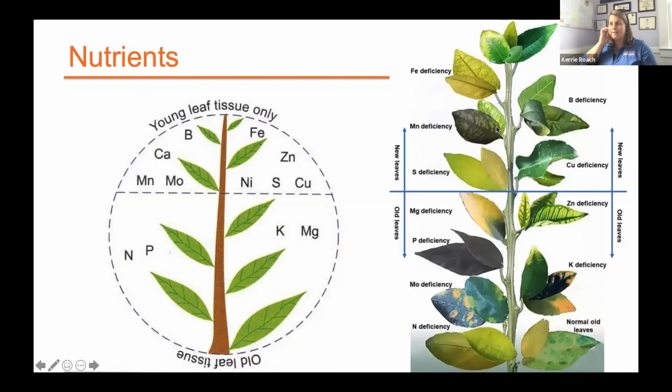Manganese tends to have that kind of dark coloring. Phosphorus will be a dark, sometimes a purple color to it. So this is super important to us to know what's in the soil, and when we see these symptoms on the leaves, to be able to then figure out what's going on.